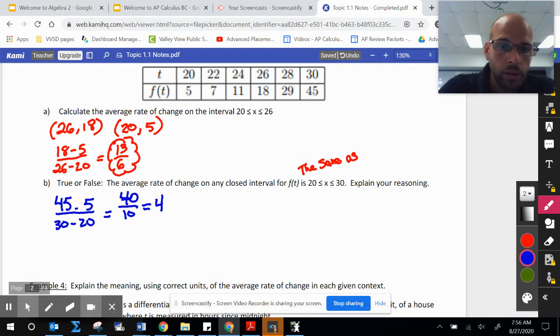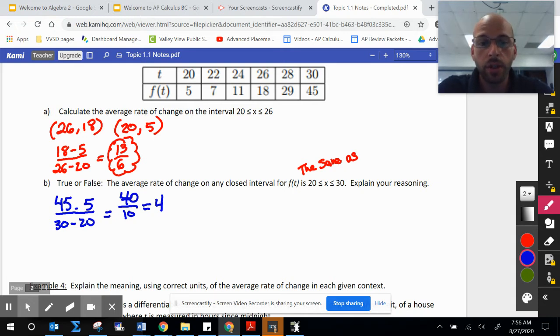So you have to look through your table of values to see. You can do these calculations in your head pretty fast. If you use any of those t values, 20 to 22 won't work. 20 to 24 won't work. Again, as far as explaining your reasoning, you can show all those mathematically. For part B, this early in the year, this is just meant as more thought-provoking than a writing.